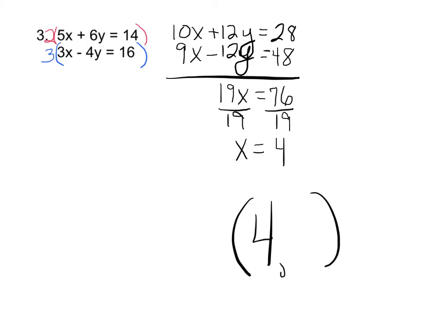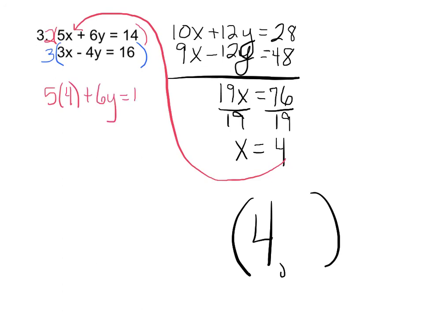So now we need to find our y. So which equation looks easier to you? Well, I'm going to plug it into the first one because that looks easier. Because I don't see a negative, so let's just stick with the first equation. Now you could plug it in here on the second one. You could do that. So let's plug this in. 5 times x, which is 4, plus 6y equals 14.